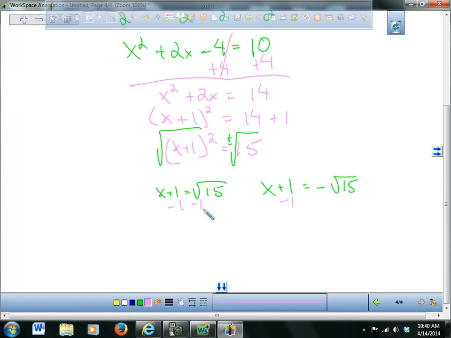Whoops, I forgot to subtract 1. Now when I write this, I think I told you guys, I want to write the negative 1 before the square root of 15 because it's just easier to do on my calculator. And this gives me x equals negative 1 minus the square root of 15. And then they might ask you to the nearest tenth.